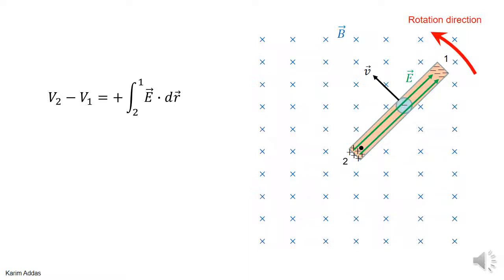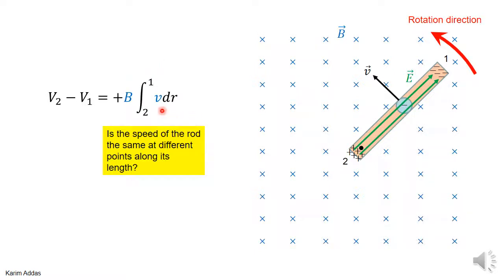E dot dr is basically E dr, and the electric field is vB. The magnetic field in this problem is uniform, constant everywhere, so B can go out of the integration.